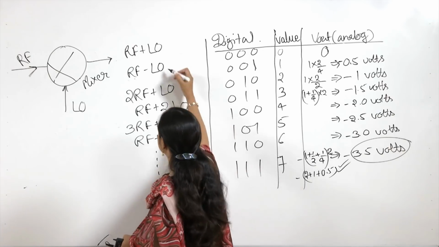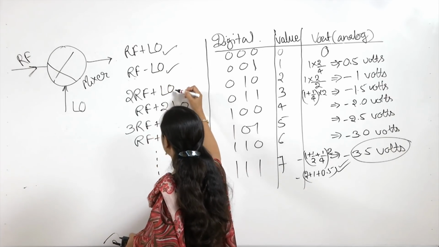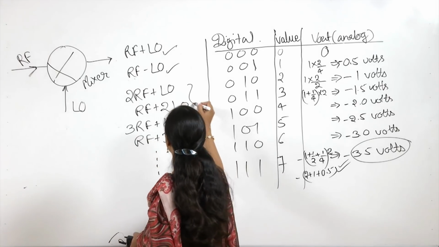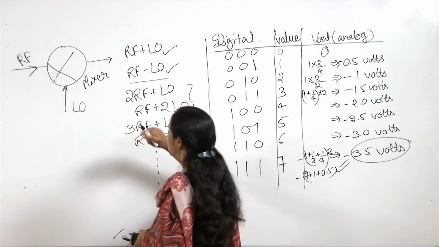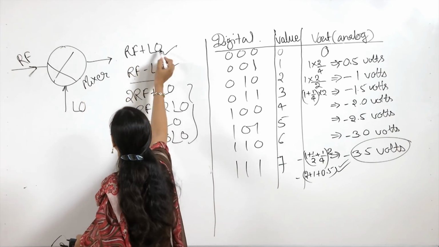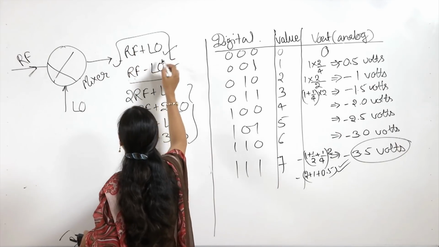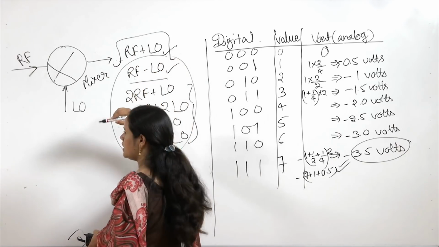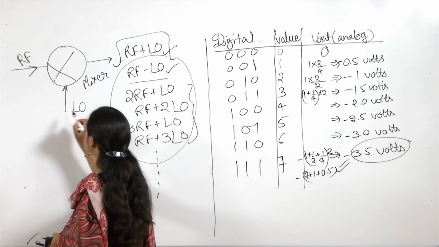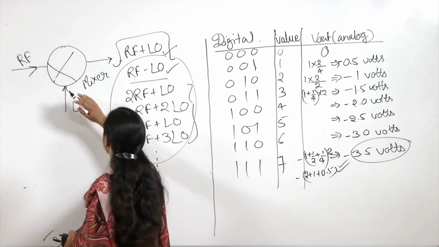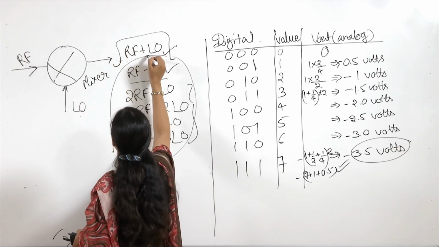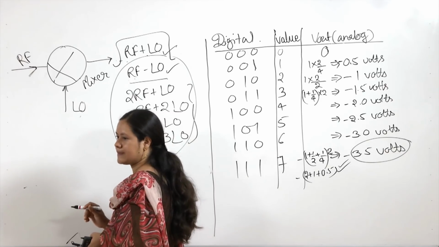So these are the main outputs, and these are harmonics which have a little bit smaller amplitude. So basically, if I want to up convert my signal, I take this component, I filter out this component, and I suppress all these components. So the output frequency is the frequency of the incoming signal plus the frequency of LO, and the signal is up converted to a new frequency which is given by RF plus LO frequency.